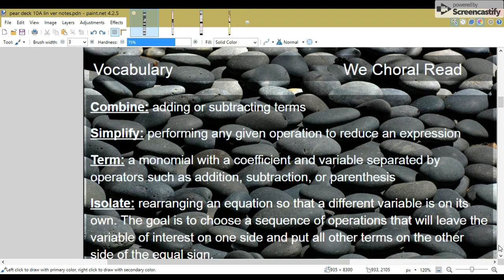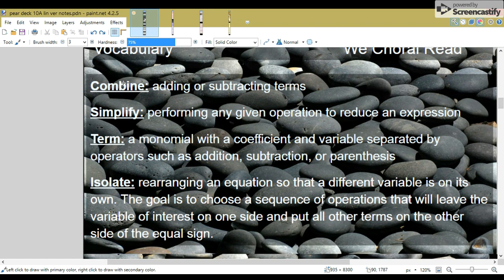Vocabulary. Combine: adding or subtracting terms. Simplify: performing any given operation to reduce an expression. Term: a monomial with a coefficient and variable separated by operators, such as addition, subtraction, or parentheses.